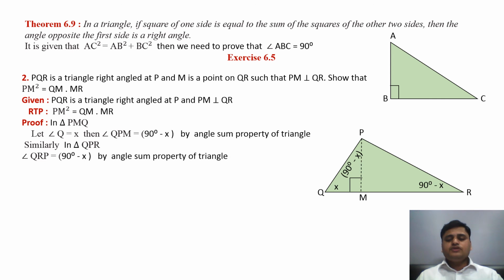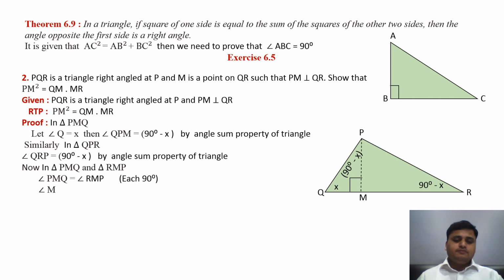Which two triangles similar? That is triangle PMQ and triangle RMP. In these two triangles, angle PMQ is equal to angle RMP, each 90 degree, and next, angle MPQ is equal to angle MRP, each 90 degree minus X. That is proved above.